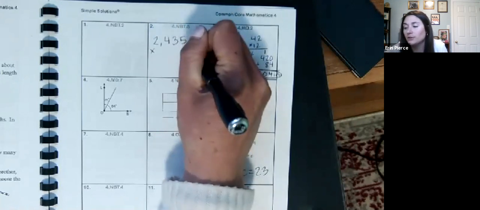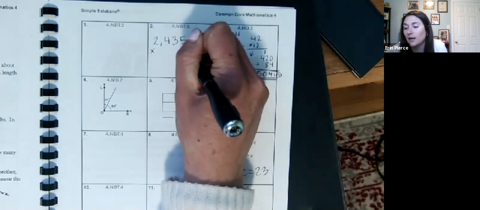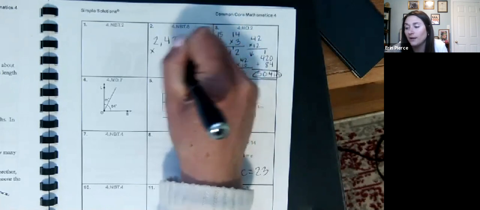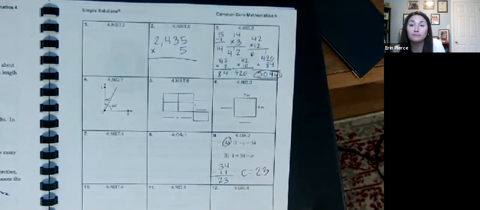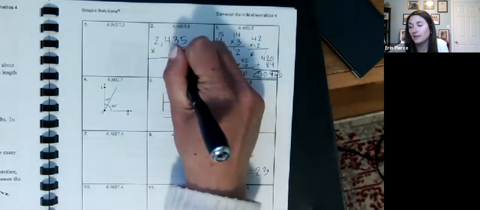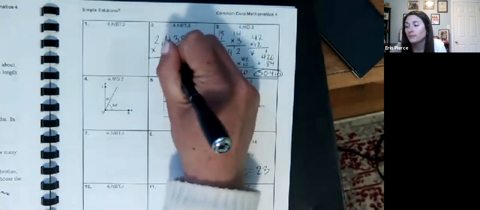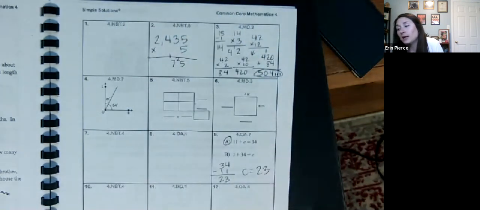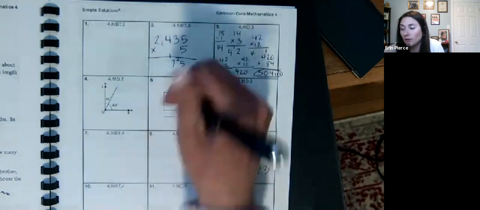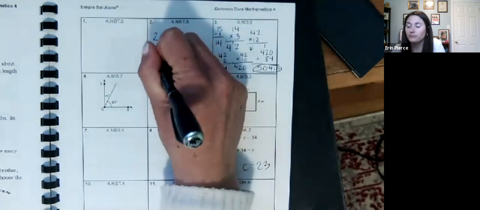You were doing 2,435 times 5 and finding the product of that one. 5 times 5, we get 25. I'm solving with the standard algorithm. 5 times 3 is 15 plus 2 is 17. 4 times 5 is 20, plus 1 more is 21.